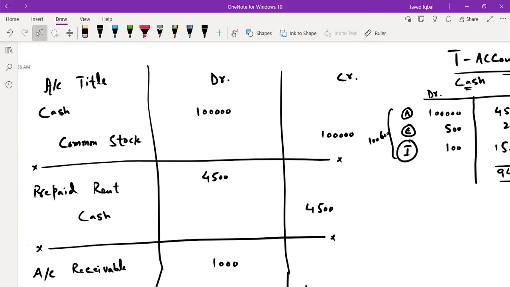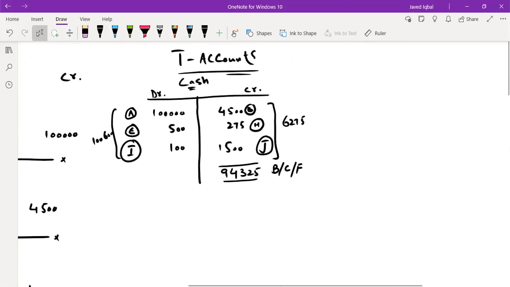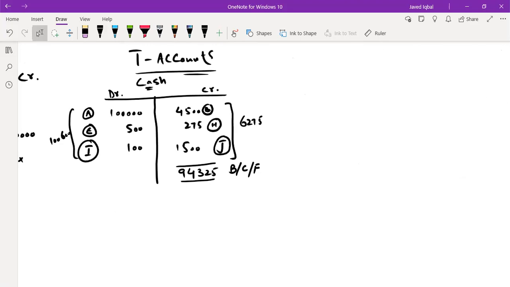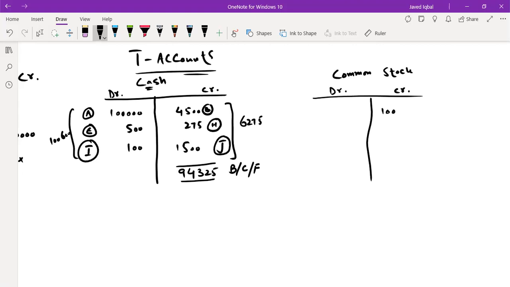Okay, moving on to the next account title, which is common stock. Common stock has come up just one time. So we will write common stock, T account right under it. It will be debit and credit. This was credited as 100,000.